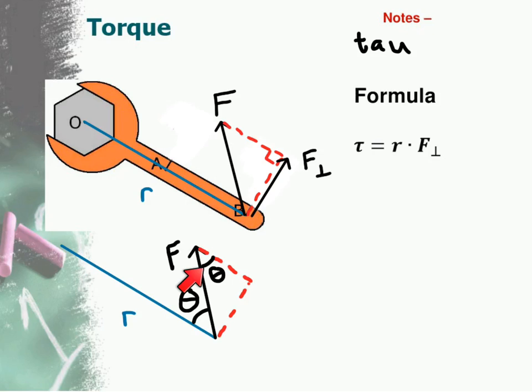So I know one angle within my triangle is theta, and if I want to find this component of the force, well, that's going to equal F times sine of theta.